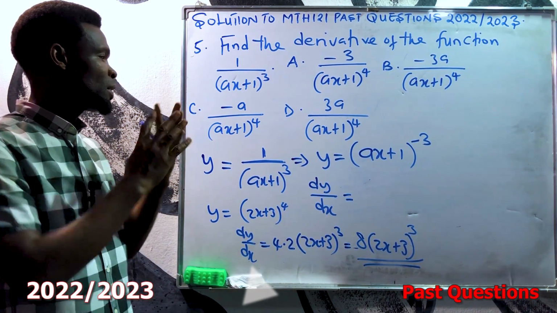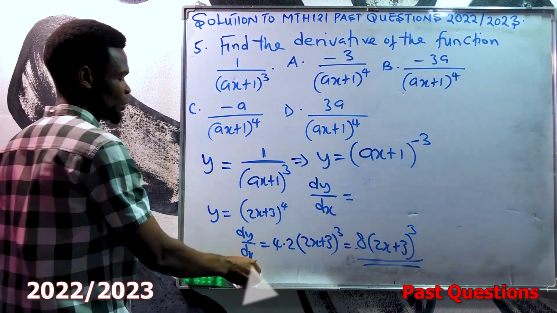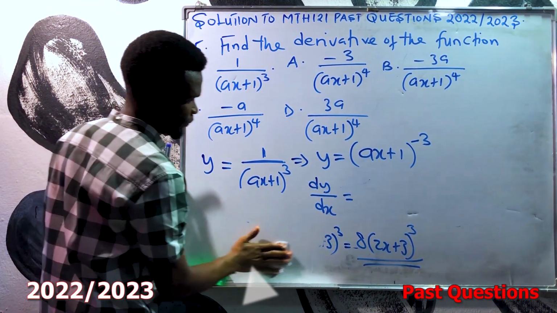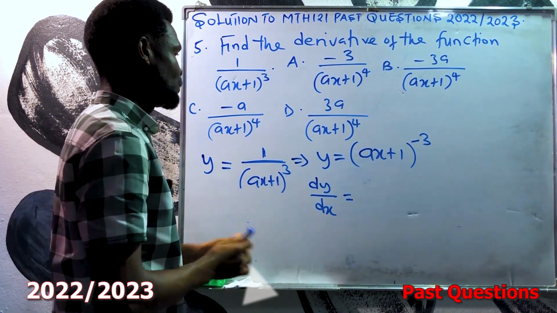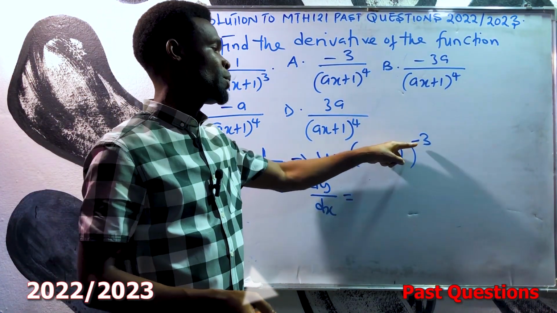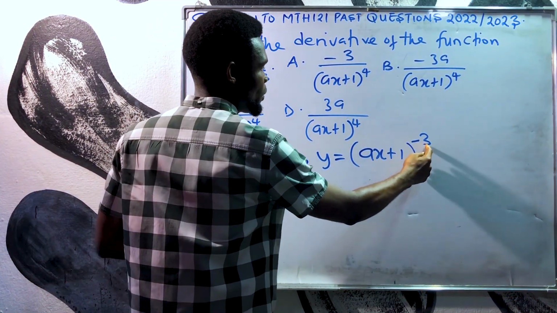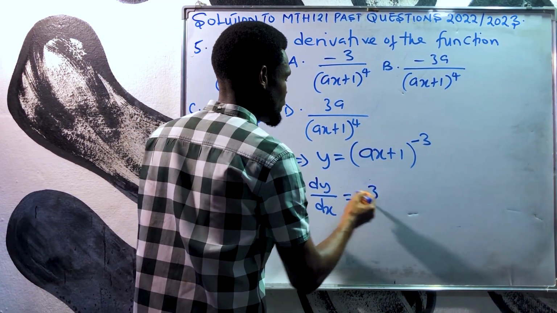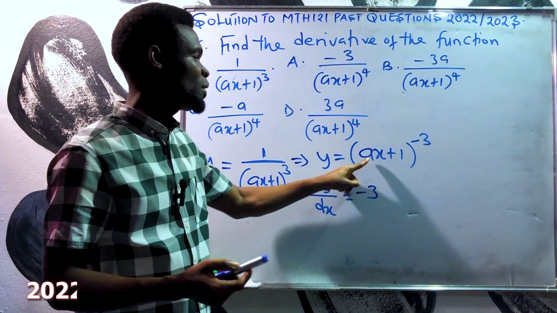So we are going to use the same concept in differentiating this particular function. So y is equal to ax plus 1 raised to the power of minus 3. Step 1, bring down the power. So the power is minus 3. Step 2, differentiate the bracket. What's the derivative of ax?